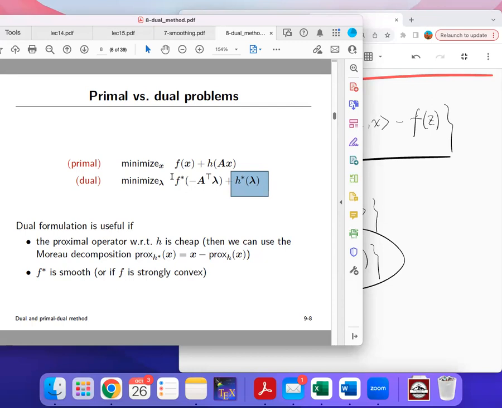And for the F star, we can do proximal gradient descent if this F star function is smooth. If this function is smooth, that equivalently means that the original function f is strongly convex.